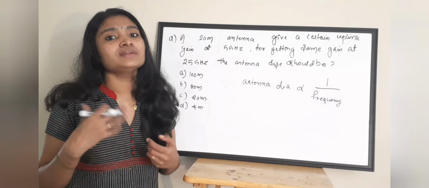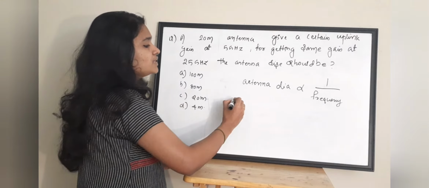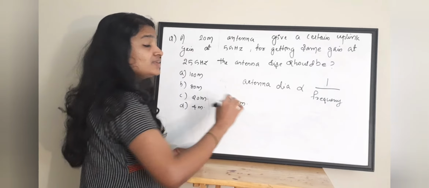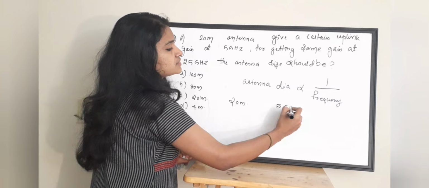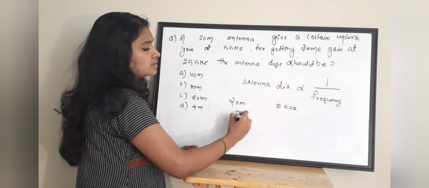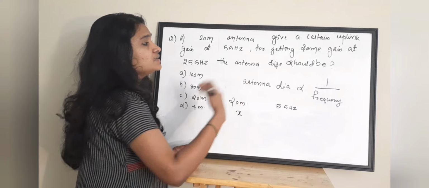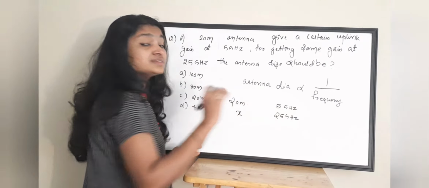Now, in this question, they have given that a 20-meter antenna is giving a certain gain at 5 GHz. What is the antenna size if the frequency is increased to 25 GHz and we need the same gain?